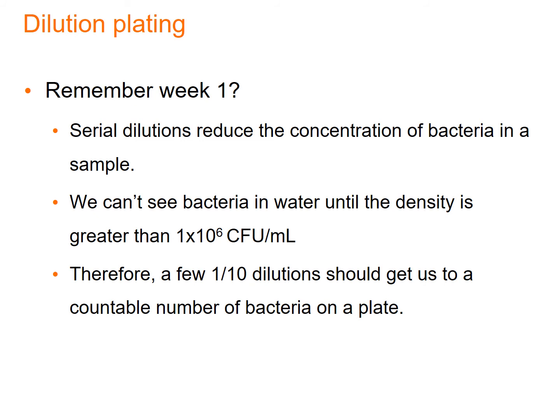So right there, that gives us the indication that however much bacteria is present in our water samples, it is less than 1 times 10 to the 6th CFU per mil. That gives us a good starting point because if we wanted to do serial dilutions, we can just do a couple 1 to 10 dilutions every time, reducing the concentration tenfold until we have a low enough bacterial count that we could be able to count them on a petri dish if we were to plate them.